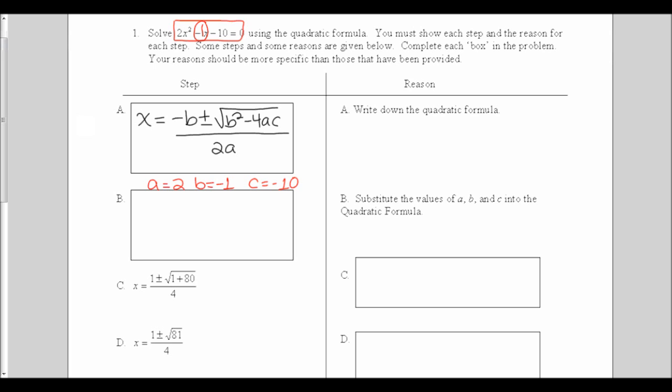So I'm going to plug into my formula. X equals the opposite of b. The opposite of -1 will wind up being +1, but I'll simplify that in a second. Then I have b squared minus 4ac. So I plugged in my numbers. All of that is over 2a.